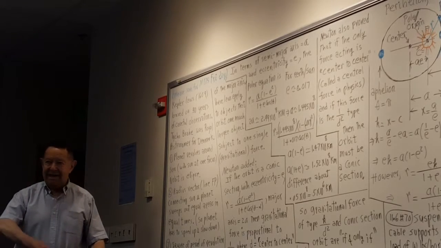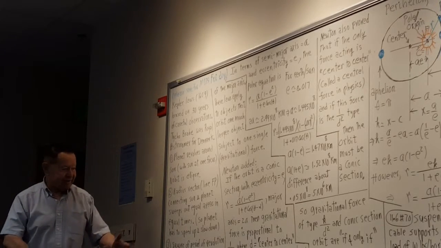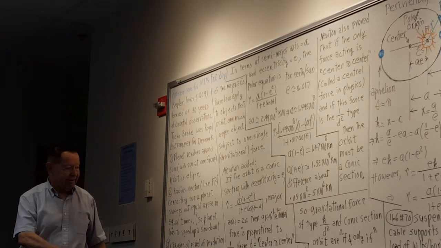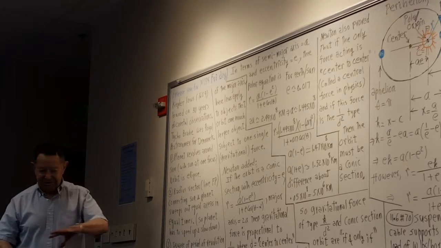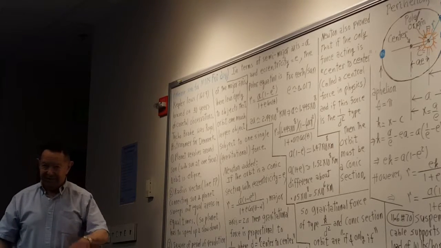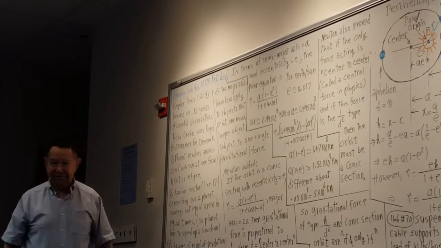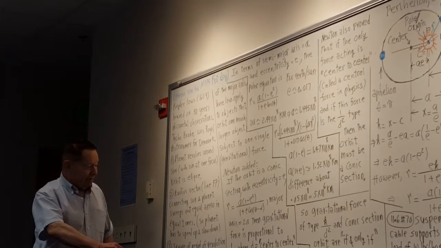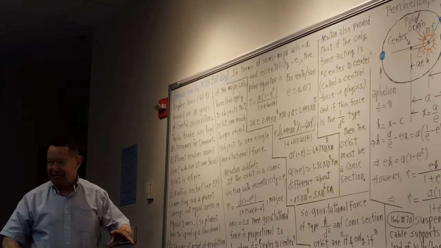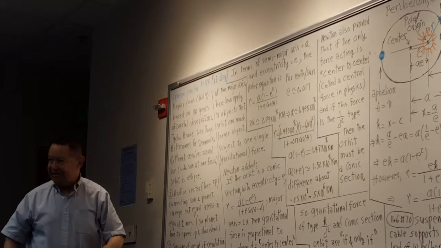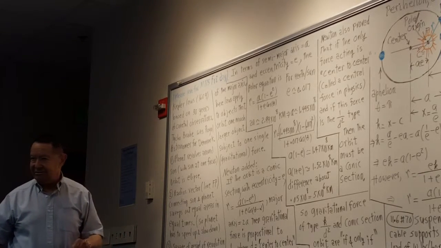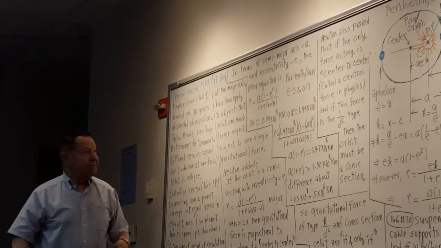But the mechanics, in the sense of the gravitational type force being 1 over the squared distance, are the same for any of the conic sections. And for the 1 over squared distance type mechanics, the path has to be a conic section of some sort.